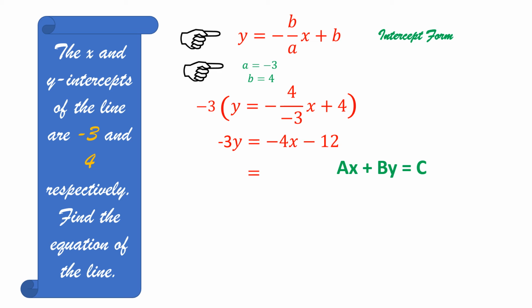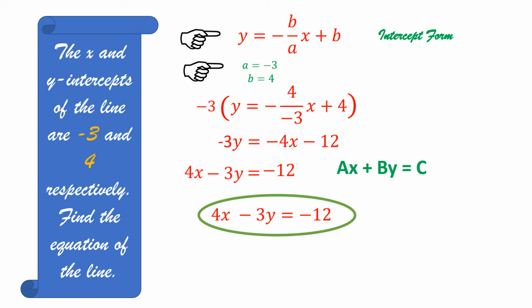So the equal sign, we will transpose negative 4x on the left side. So we will change the sign. The term y is already on the left side, so we will just simply copy it. And the constant term is negative 12. So this is now the standard form of the equation given the x-intercept -3 and the y-intercept +4.